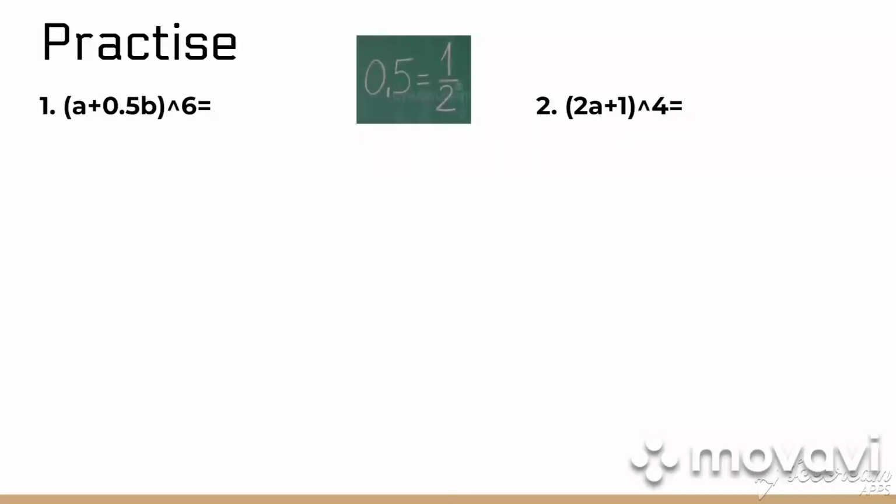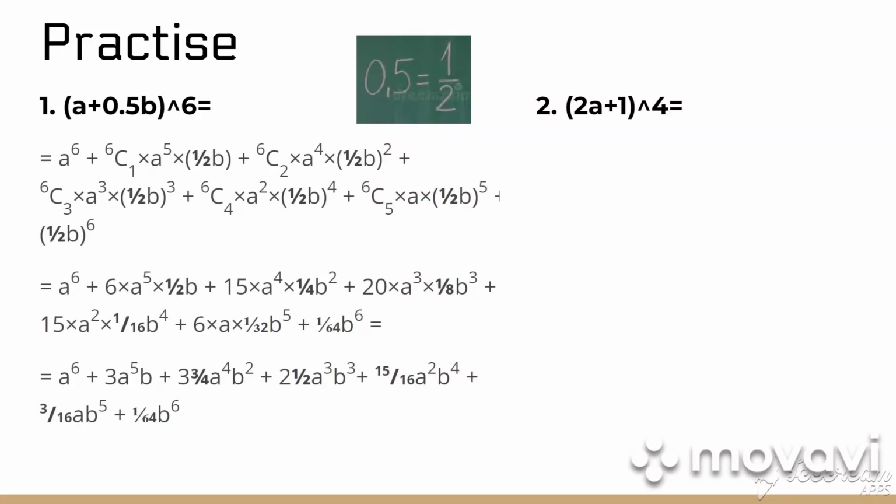In this case, to save space, instead of 0.5, I will be using 1 divided by 2. Firstly, we need to open the brackets using the binomial theorem, and we get 1, 2, 3, 4, 5, 6, 7 terms.